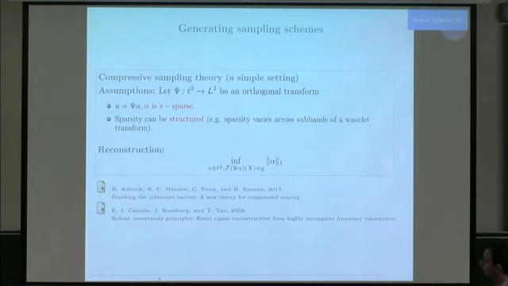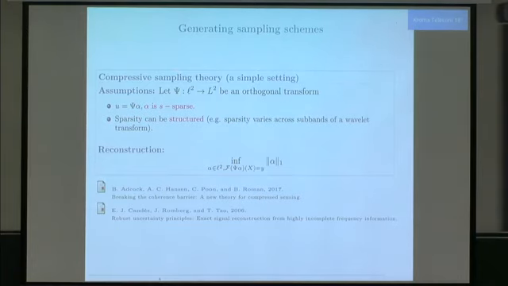On the other hand, you have the compressive sampling theory. The results I show here are a mix of the early results by Candès, Romberg, and Tao, and from people from here like Bernhard Koch, Anders Hansen, Gary Spoon, and Bogdan Roman. And here you take an orthogonal transform, for instance, which goes from sequence space to L2.